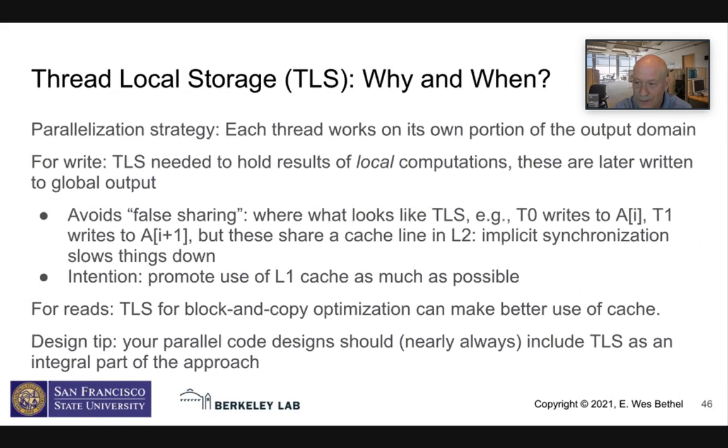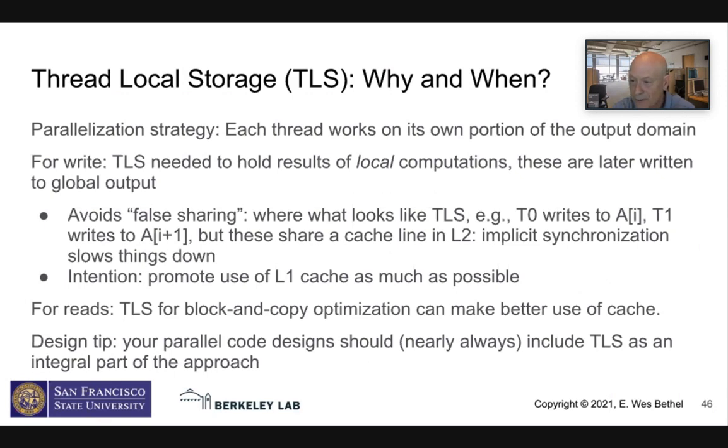This avoids false sharing: even though two threads may be writing to different memory locations, like adjacent array locations, that causes cache line sloshing back and forth between those two cores, and it's going to slow down your performance.